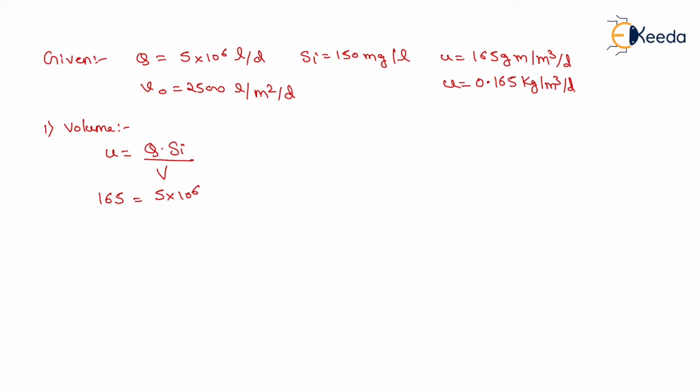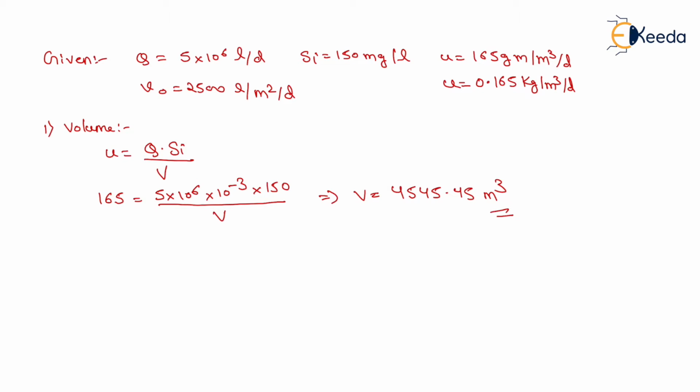Now we need to convert this into meter cube per day, so it will be 10 to the power minus 3 meter cube per day, and the influent BOD is given as 150 milligram per liter. If we solve this equation, the volume comes out as 4545.45 meter cube. That will be the volume of the trickling filter.